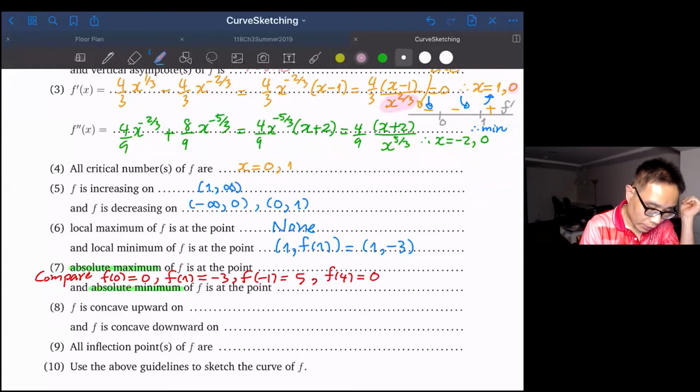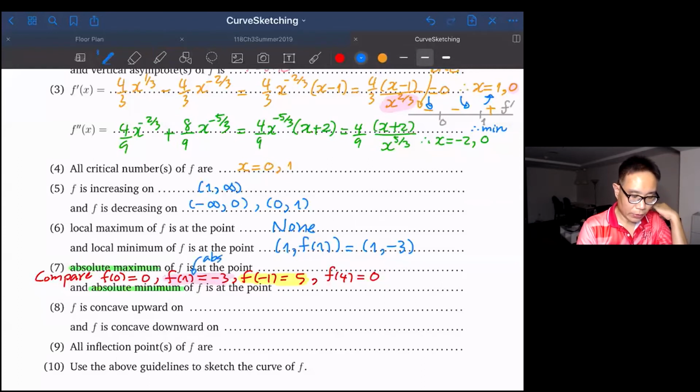You see that you have the smallest one and the highest one. So you're going to say that this one will be the absolute minimum, and -1 will be the absolute maximum.